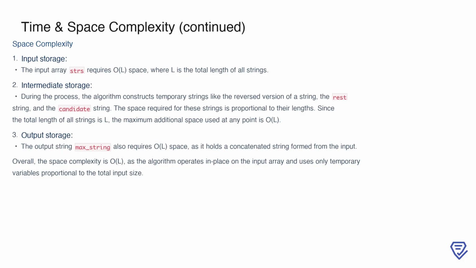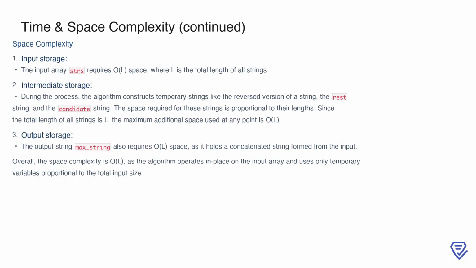Next, we evaluate the space complexity. First, the input array itself requires O(L) space, where L is the total length of all strings. Additionally, during execution, the algorithm creates temporary strings, such as reversed versions of strings, the rest string, and candidate strings being evaluated. These temporary strings also require space proportional to their lengths, but since the total length of all strings is L, the maximum additional space required at any given moment is O(L).